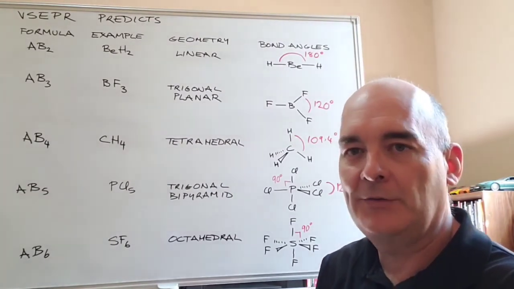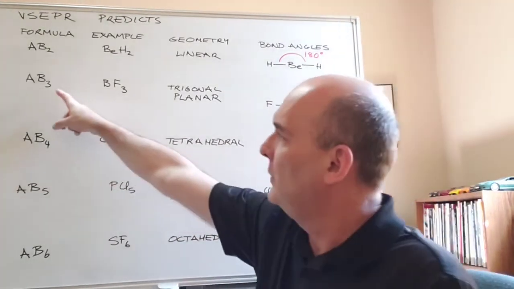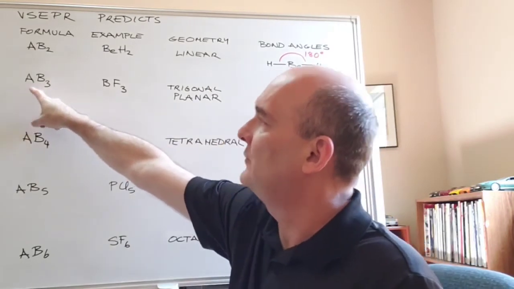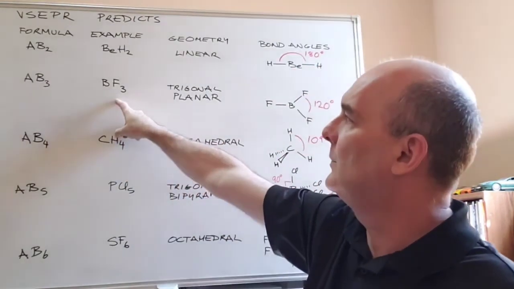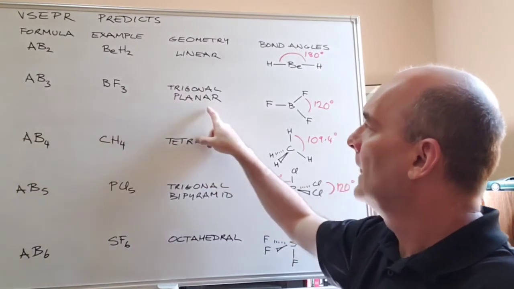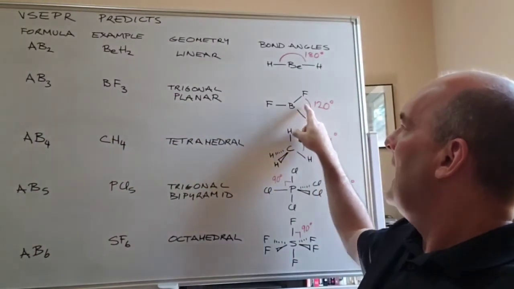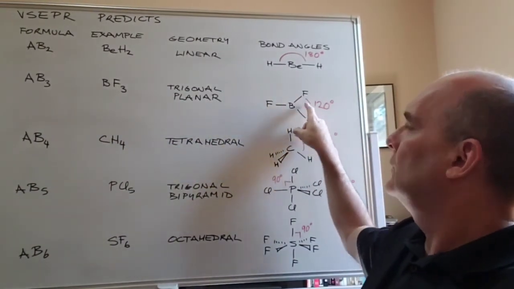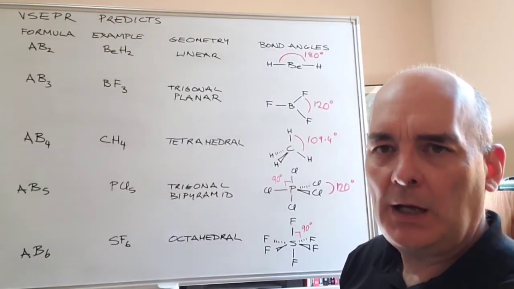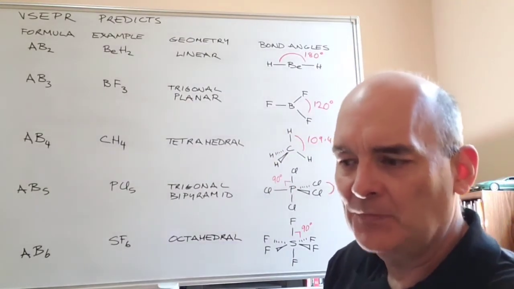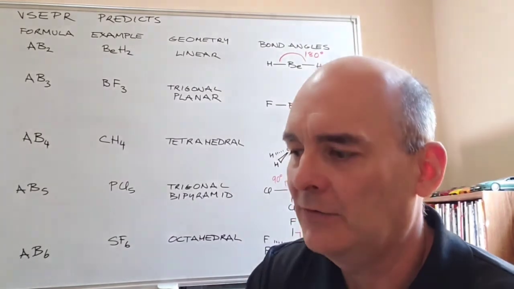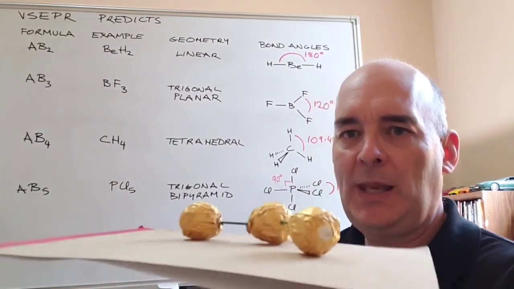That's as far apart as they can go. If I put three bonds around a central atom, like I might see in boron trifluoride, then my angle between those bonds would be 120 degrees. This would give me something that is trigonal planar.